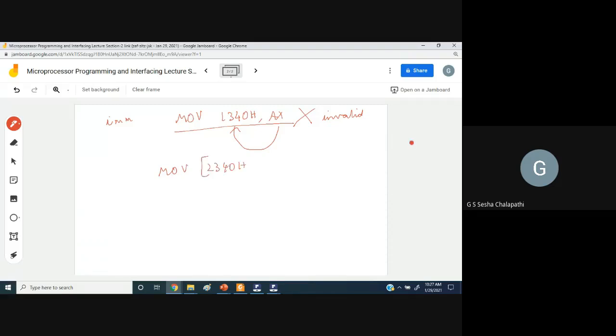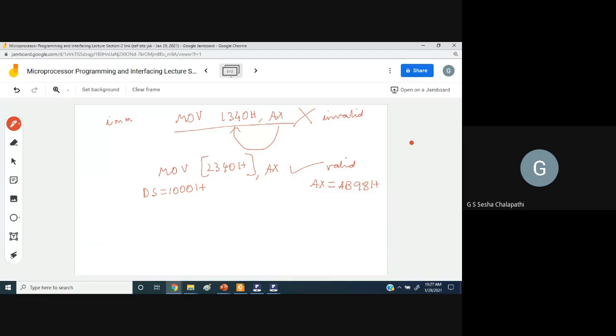However, if I say MOV [2340H], AX, this is a valid instruction. What will happen as part of this? Again, let us say DS is equal to 1000H, and AX, let us say, was AB98H, as an example.